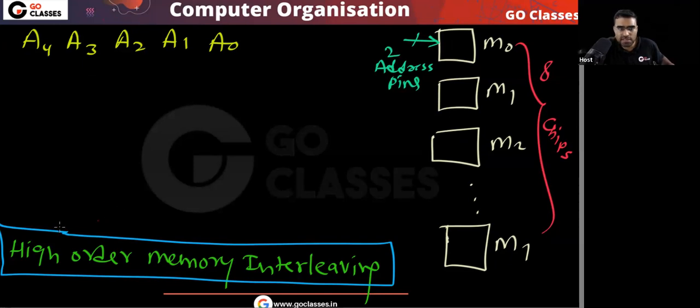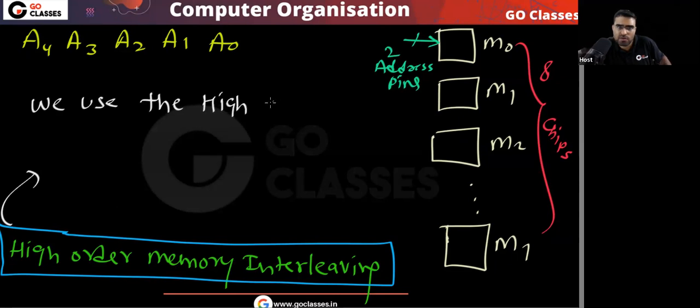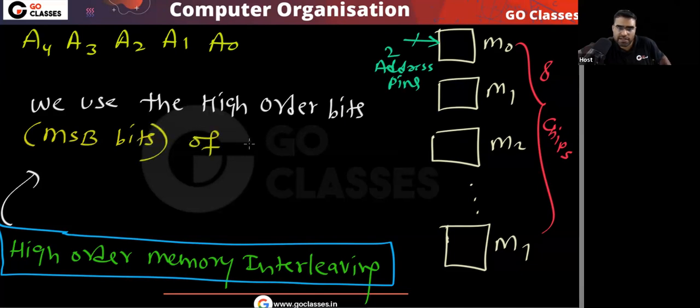High order bits means the MSB bits of the address, used to choose one of the chips, to activate one of the chips, to select a memory chip.